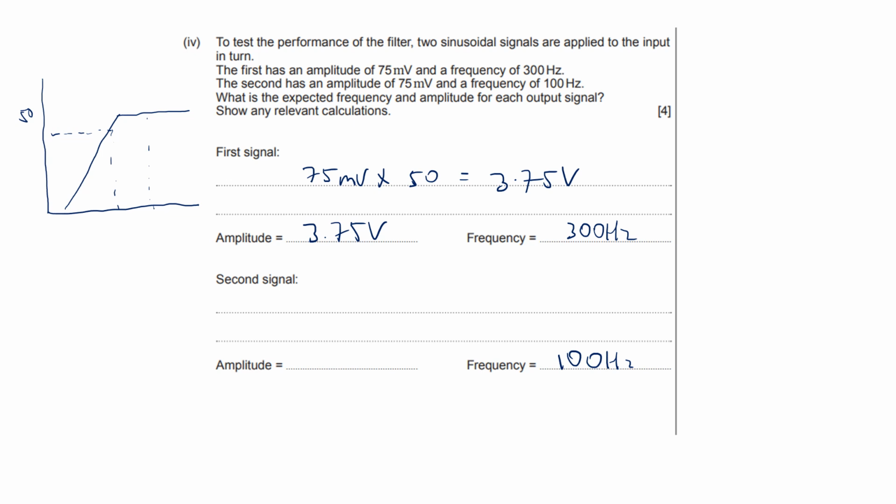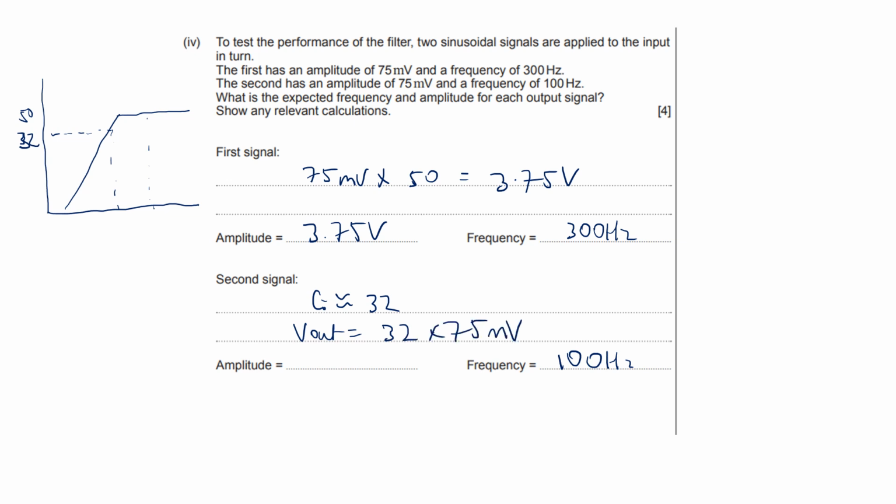So the mark scheme is saying it's about 32-ish. So the gain is approximately 32. So V out equals 32 times 75 millivolts.